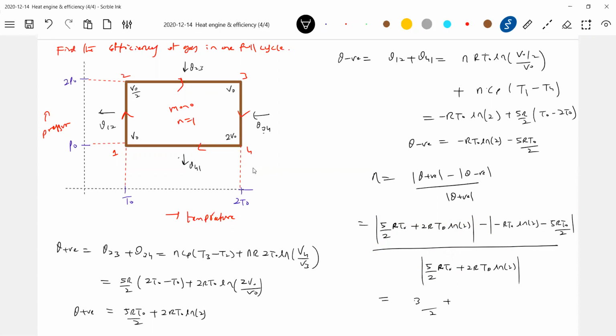I think this will cancel, no? These two will cancel out. So this will be R T naught log 2 by 5 by 2 R T naught, which is 2 log 2 by 5.